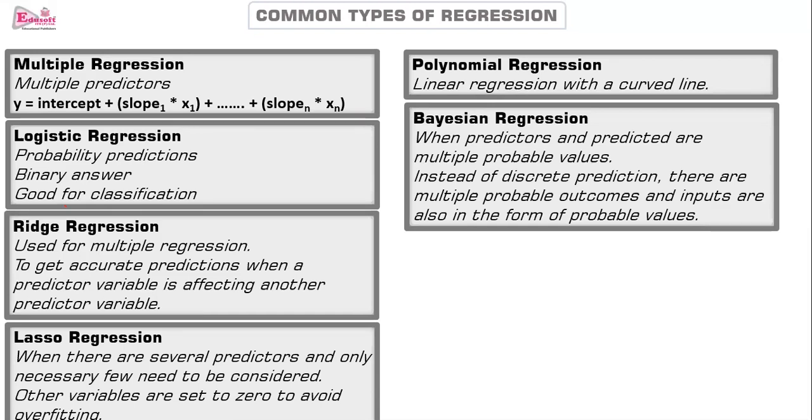Now these probability values will be used in turn to predict the outcome. We are not directly using the predictor variables. Predictor variables are used to calculate some sort of probability, and that probability is used to predict the outcome. Such an approach is called Bayesian regression.